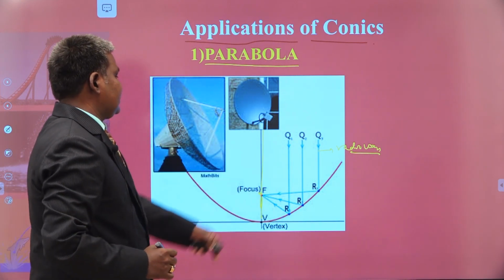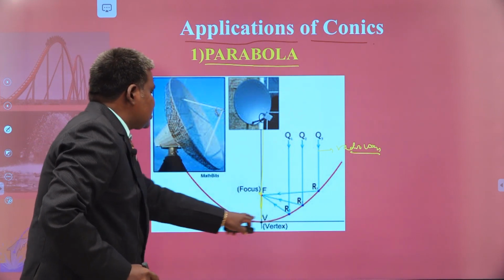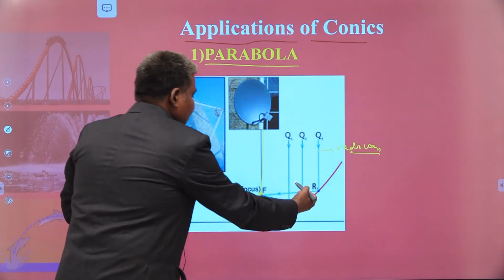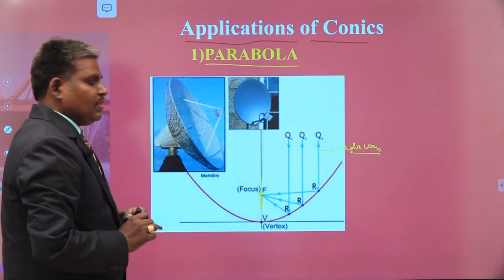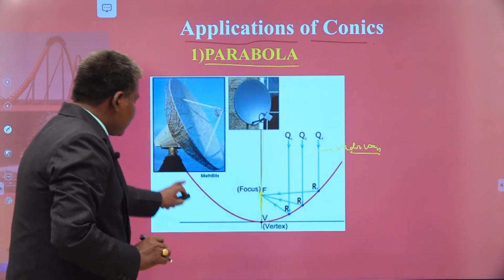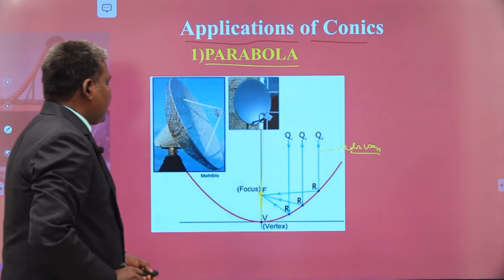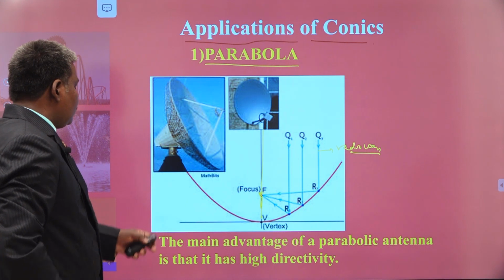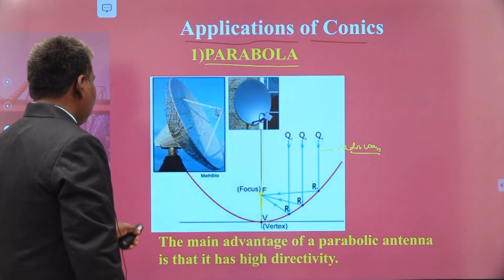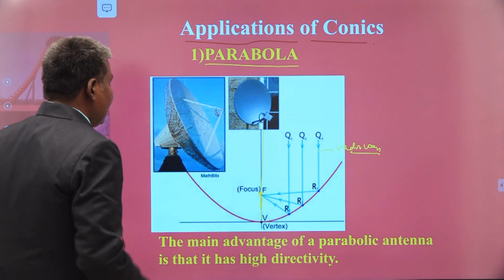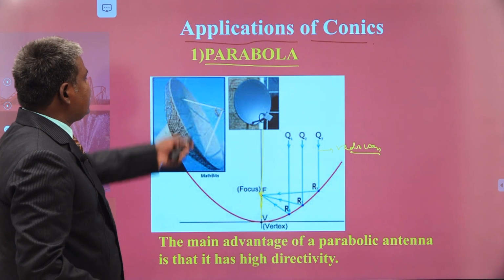This is the important thing here. If your shape is not in this manner, they will not reflect, even though they reflect, they will not focus at this point. If your shape is parabolic, all these reflected rays meet at this point. Am I correct or not? So, the main advantage of the parabolic antenna is that it has high directivity. It gives high directivity with the help of this parabolic shape.